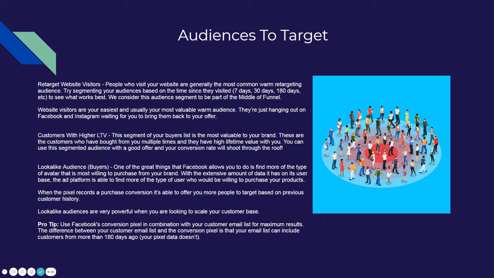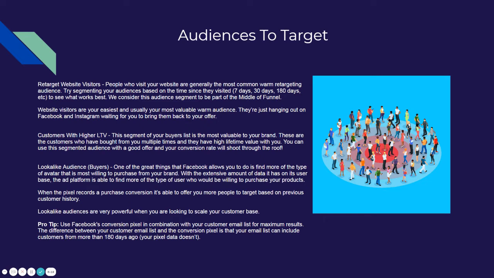So try segmenting your audiences based on the time they visit the site. This can be broken down into 7 days, 30 days, 180 days, and see what works best.